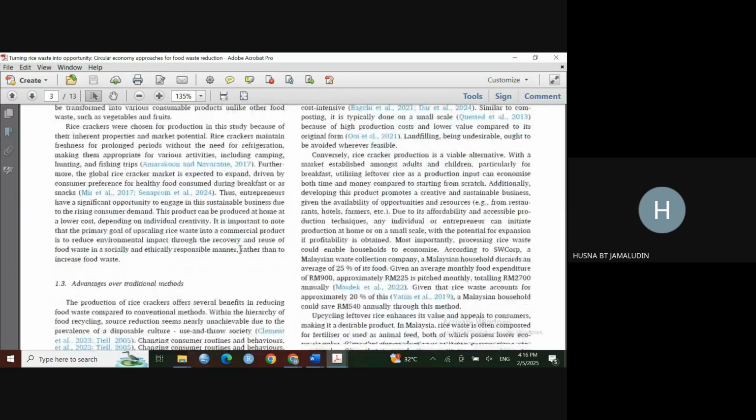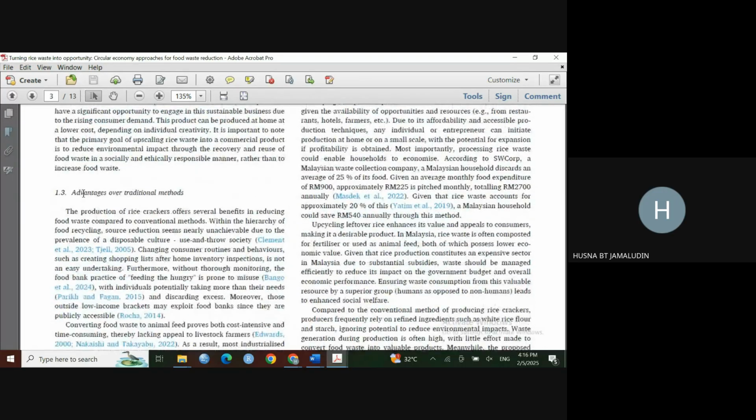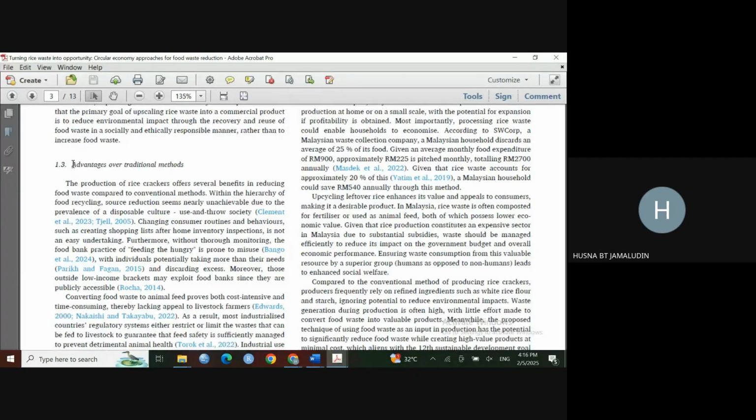So you will see here, remember in this paper, we want to suggest a sustainable alternative for reducing rice waste. So we are saying that we offer some advantages over the traditional method.